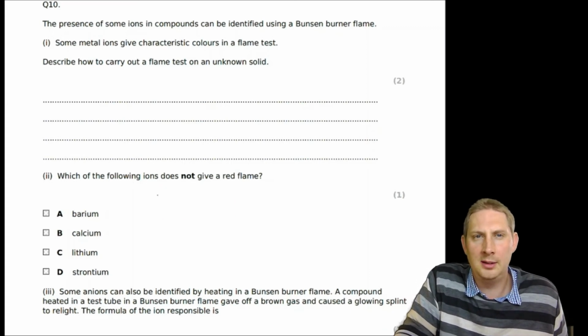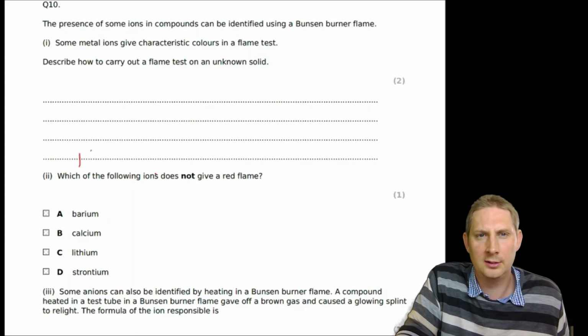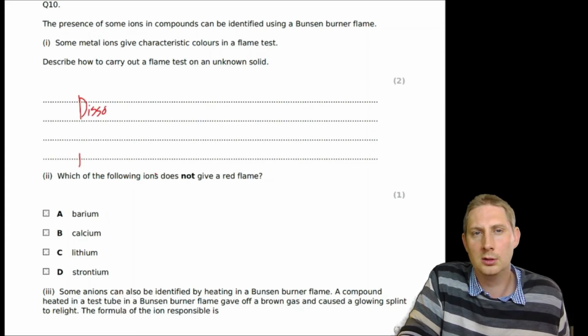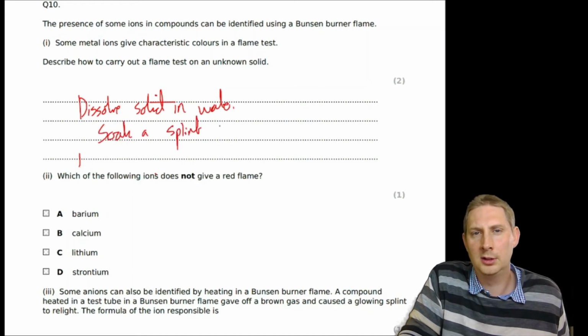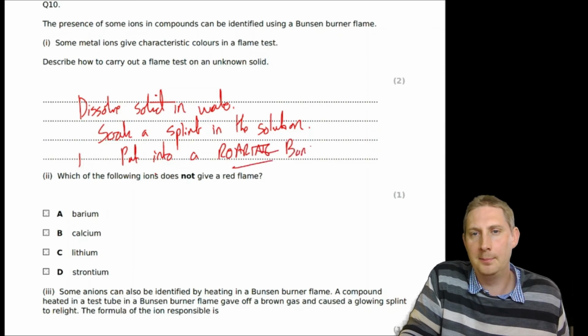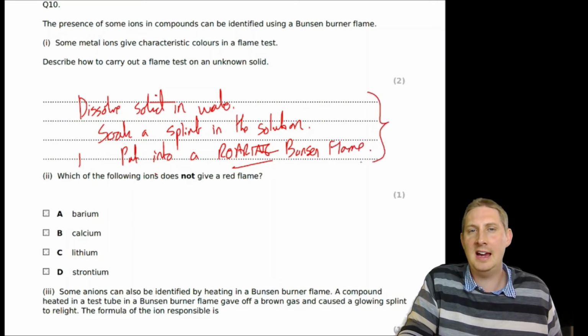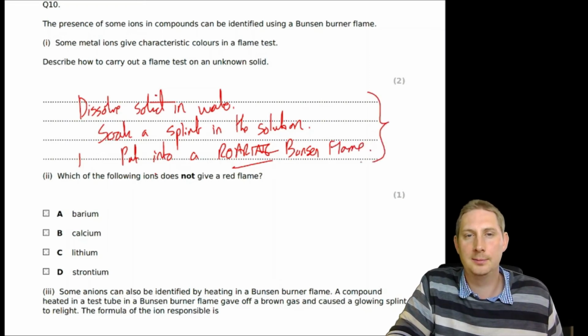Well, you would probably say dissolve solid in water, soak a splint in solution, put into a roaring Bunsen flame. We will introduce you to better methods at A level, but that would get you the marks.